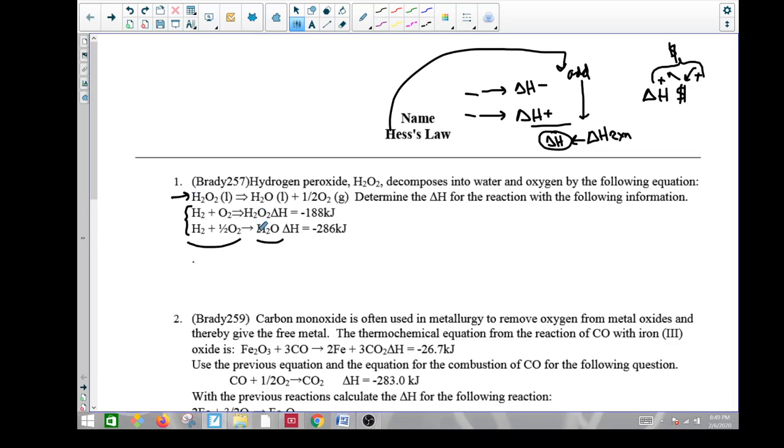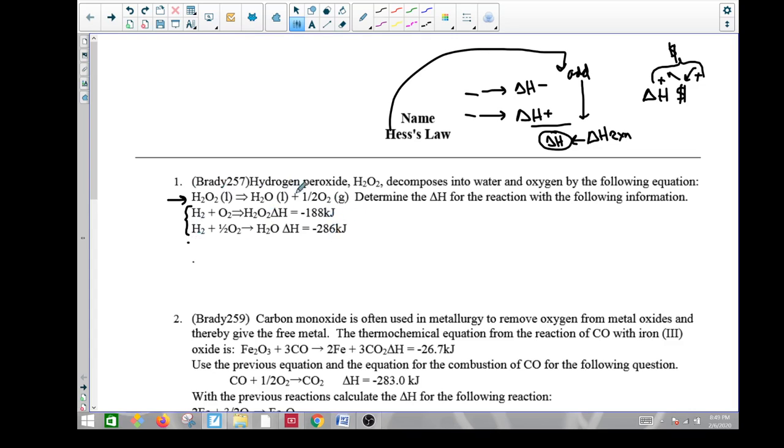If that's not the case, then you can't add these up. So the game starts when we want to manipulate these so that they can add up to equal the overall. And if that happens, then I can go ahead and add these up and I have my answer. So the most common example is to do that.